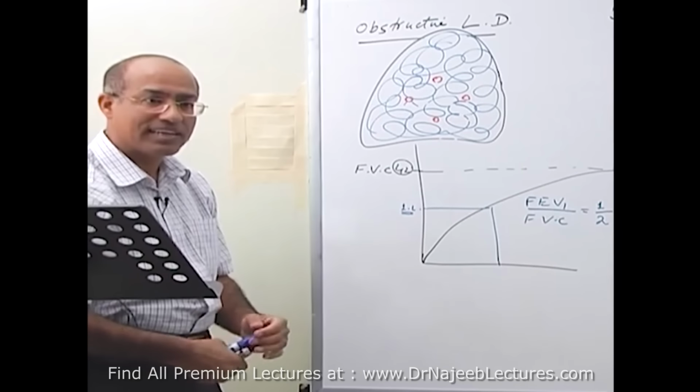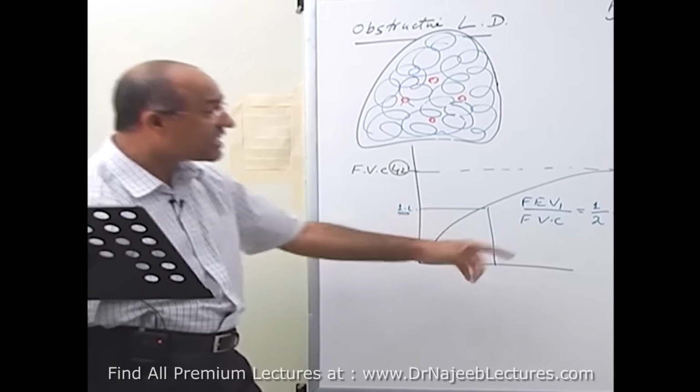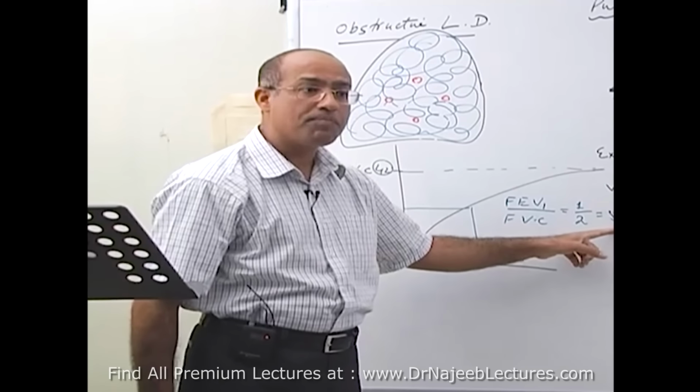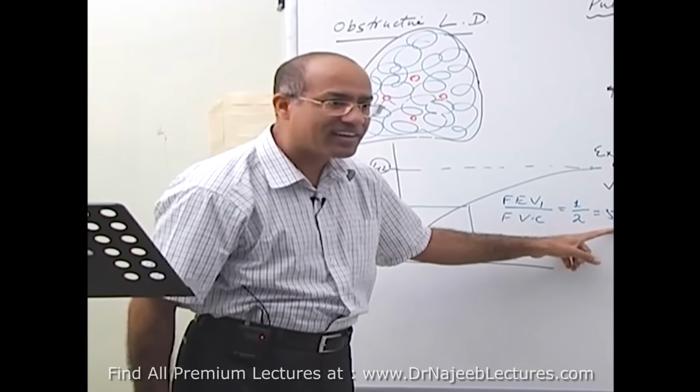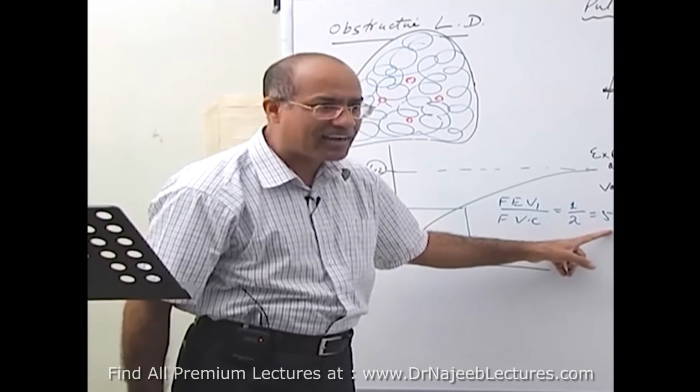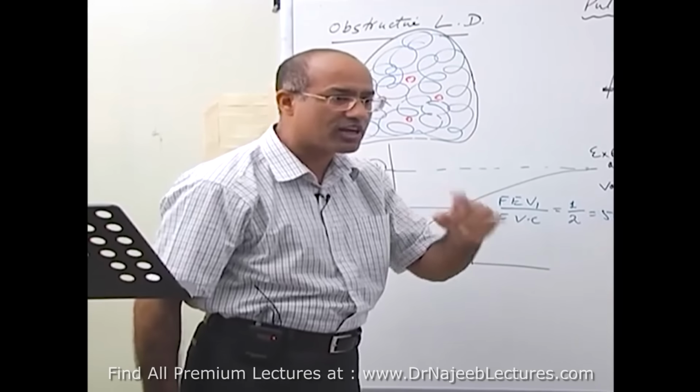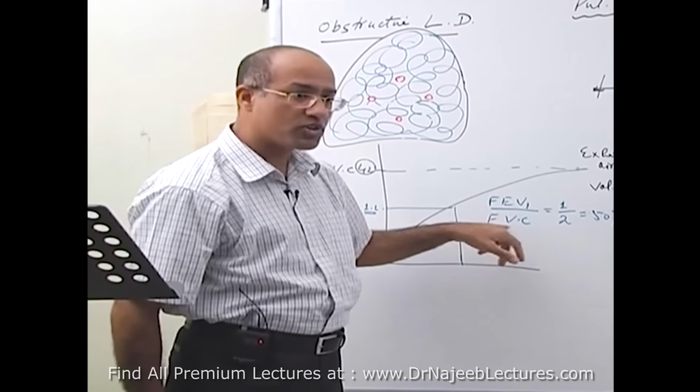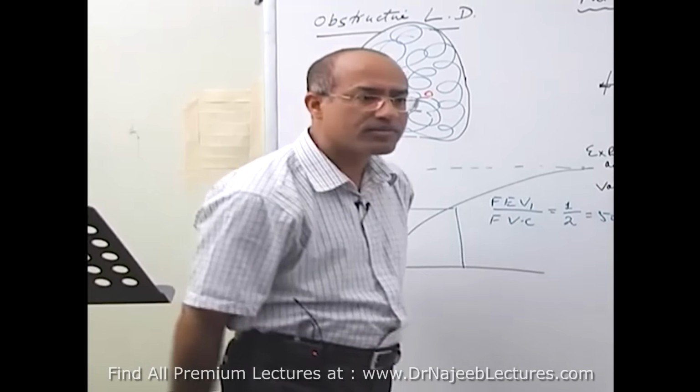Is that right? So it means there is a significant drop in the fraction of air which was supposed to be expelled during the first second. Fraction of forced vital capacity. Yes, what's your question?